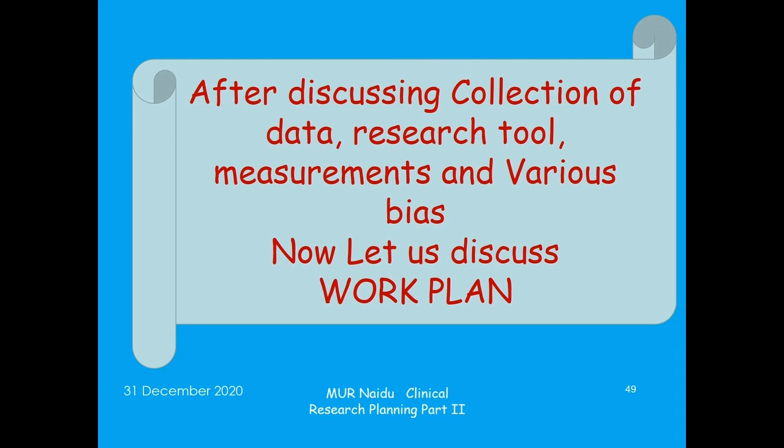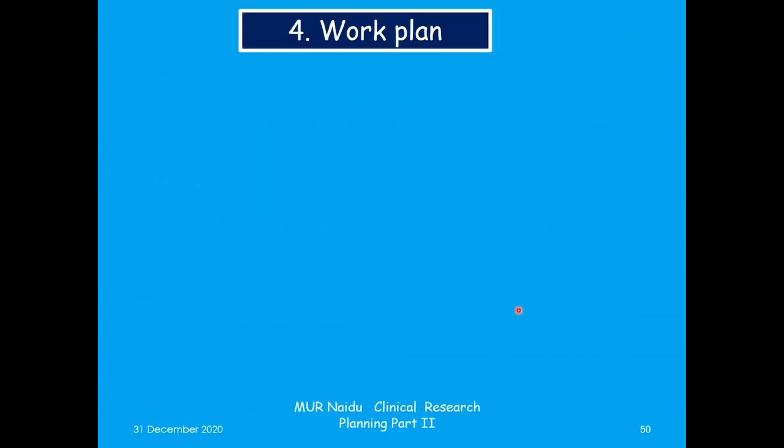After discussing the collection of data, looking for research tools and various errors and management, and finally various types of bias which can occur in a clinical trial, now let us discuss the next part in clinical research planning, that is work plan. After bias, now let us see work plan.